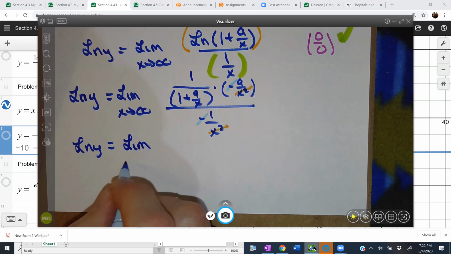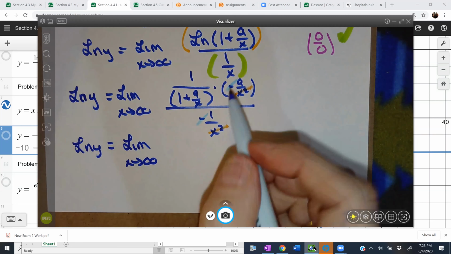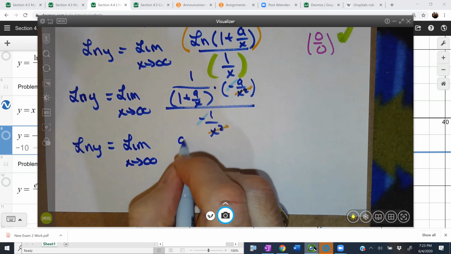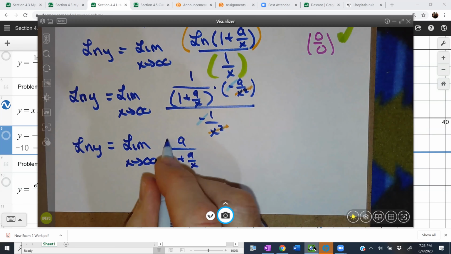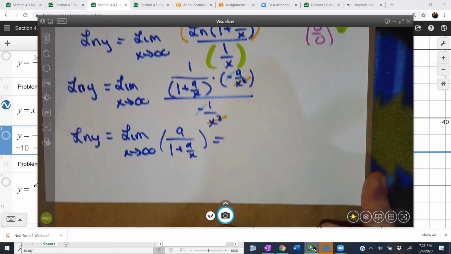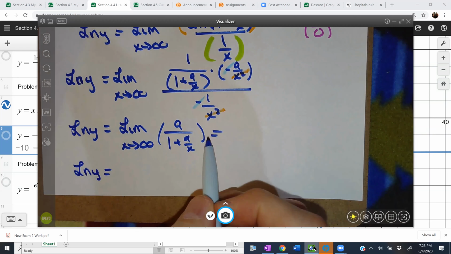the limit as x approaches infinity of, well, it's just going to be a over 1 plus a over x. So what happens here?